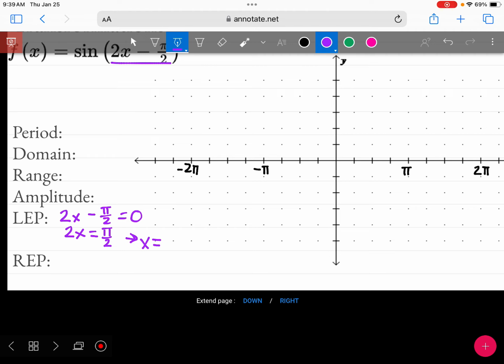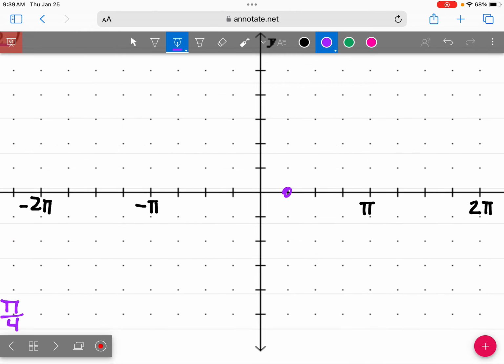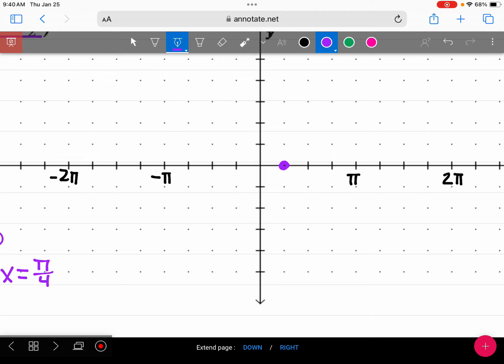Pi over 4. Divide both sides by 2. So pi over 4 is our left endpoint. So we're going to start here. That's my left endpoint.